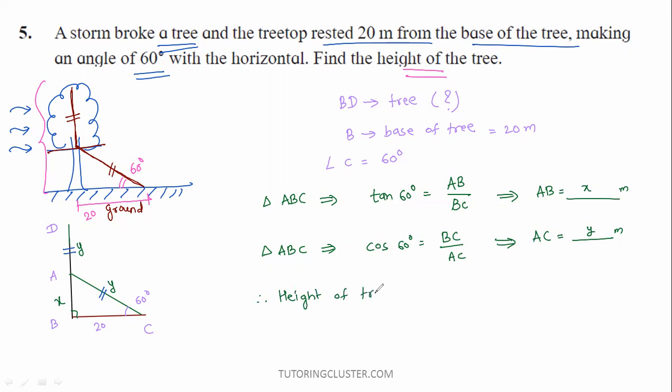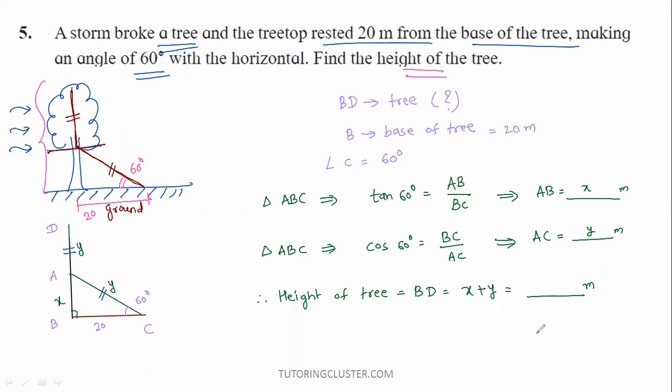Height of tree is going to be BD, which is equal to x plus y. So you will get your answer. Okay, please try. Definitely you can. With all these 3 steps, you can easily find the height of the tree. Please try. It is very easy.